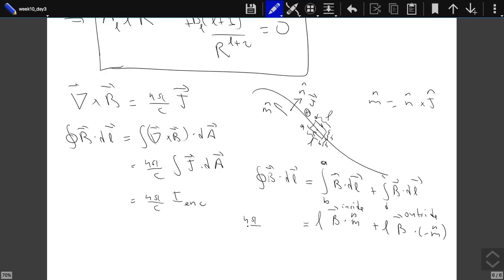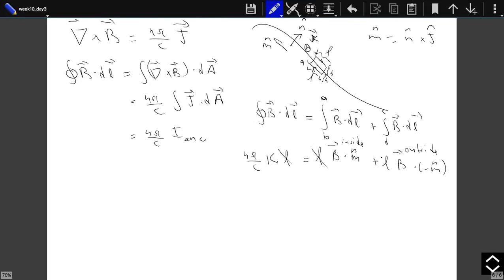And this should be equal to 4 pi over C times the total current enclosed by my loop. But the total current enclosed by my loop is nothing but, no, this is the surface current density. It's just K, the magnitude of K times L. I already chose my area such that it is perpendicular to the current, or the area vector is in the same direction as my K. So that's why when I calculate the total current, there are no cosines or etc. due to the scalar product.